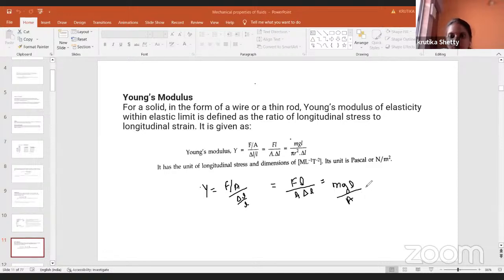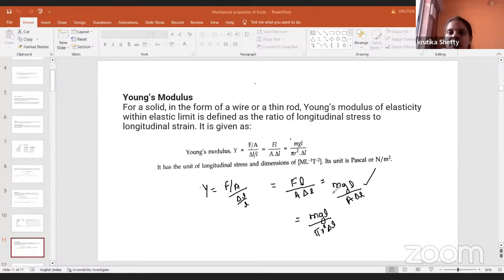If you consider a wire, the area of the wire is given by pi r square, so the formula is also written as mg into L upon pi r square into delta L. Remember this formula. Based on the data given to us, we can change the formula. First we wrote it in terms of stress and strain, then we rearranged the formula, then substituted F is equal to mg, and next A for the wire.